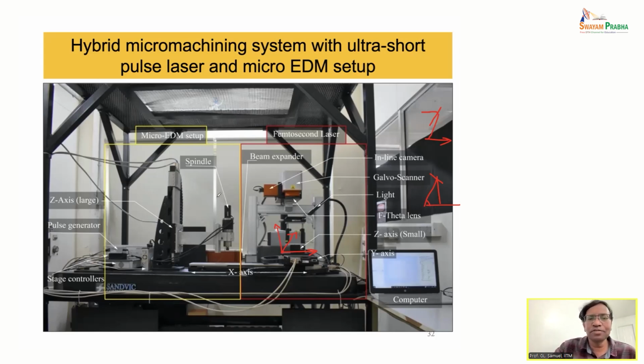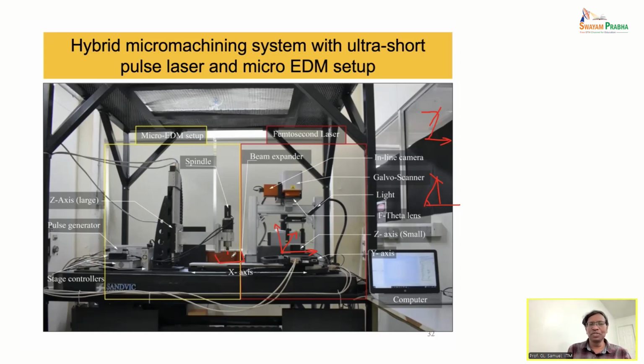And then we have the EDM, where we have a spindle and the tool, which is a wire, which will be put here. And then we have a bath where the workpiece will be inserted and the hole will be made. As I said yesterday, the femtosecond laser gives a very good finishing, but the material removal rate is less.